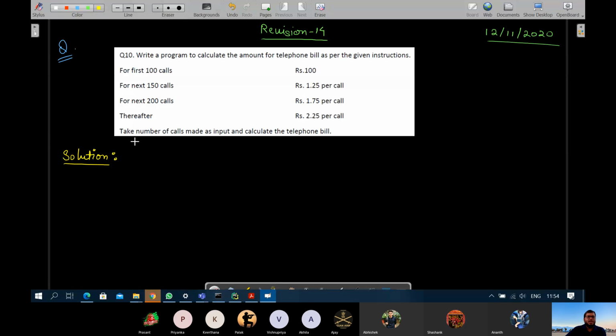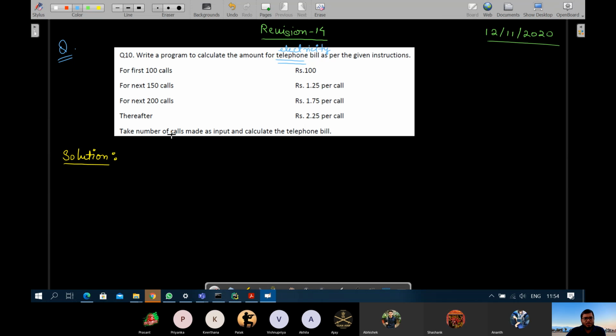So here you can imagine this as your telephone bill. You can even imagine it as an electricity bill, in place of calls made.